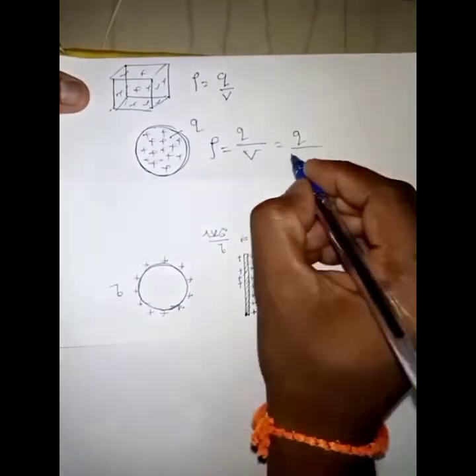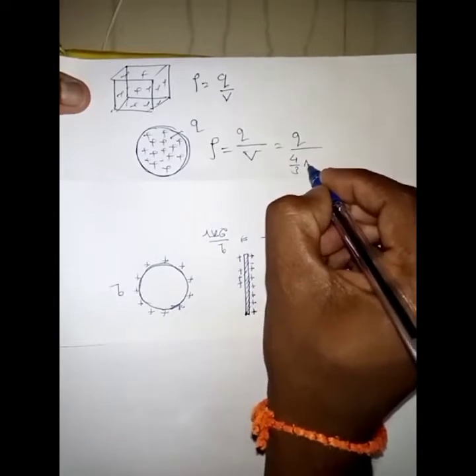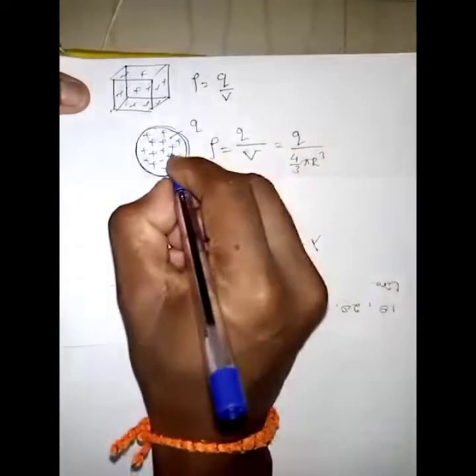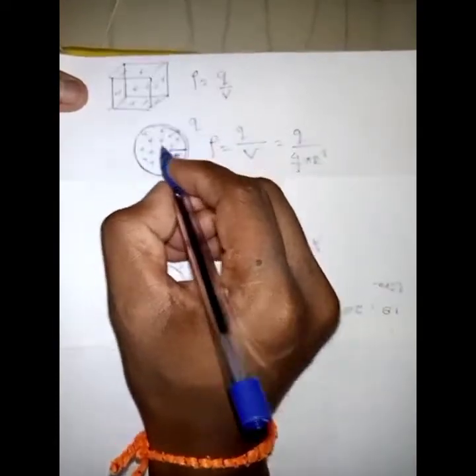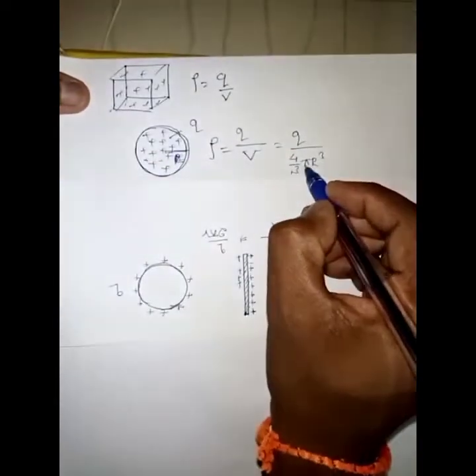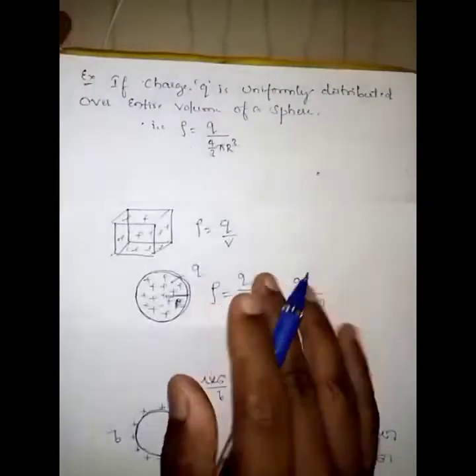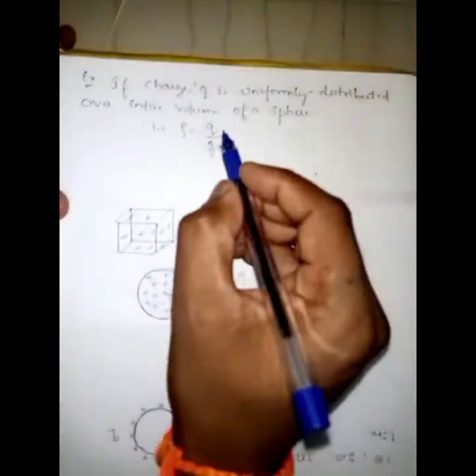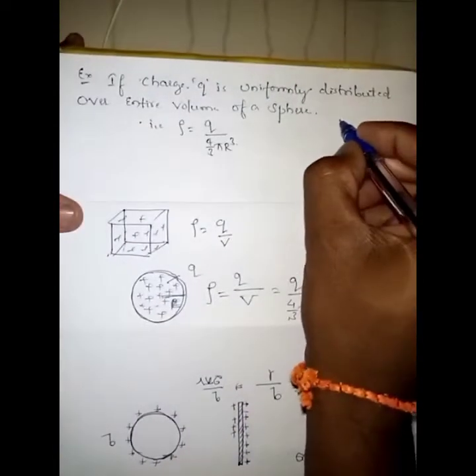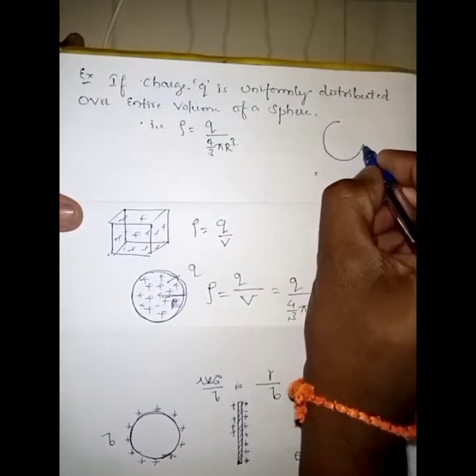The volume V is 4 by 3 pi r cube, because the sphere has radius r. Now the charge Q is uniformly distributed over the entire volume of this spherical body.